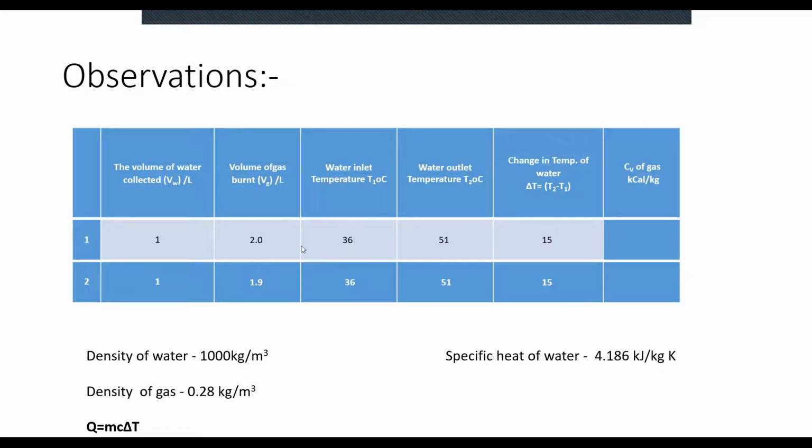So you have to find those things and find the calorific value in kilojoule per kilogram. It is better to use megajoule per kilogram. You can put it as megajoule, or if you want, you can calculate it in kilojoule per kilogram.